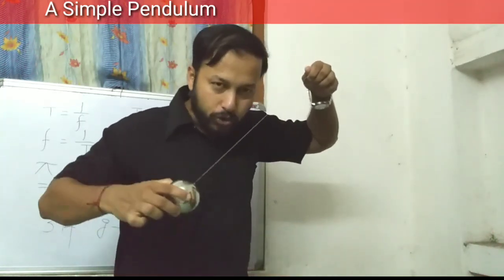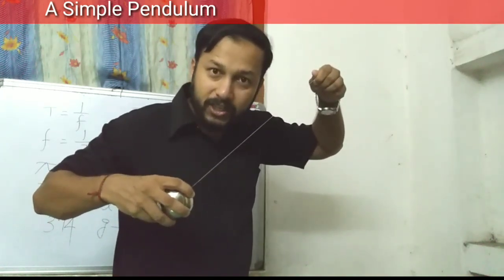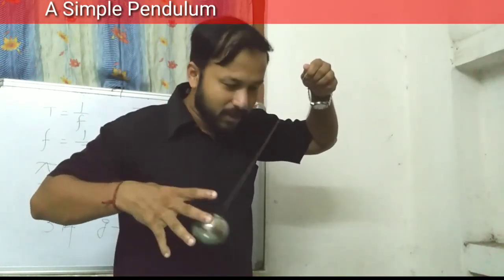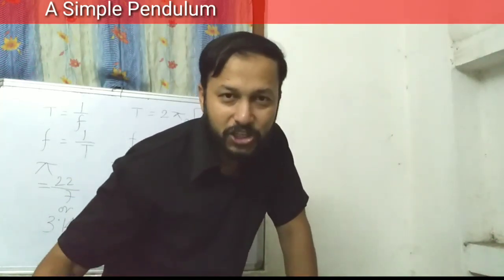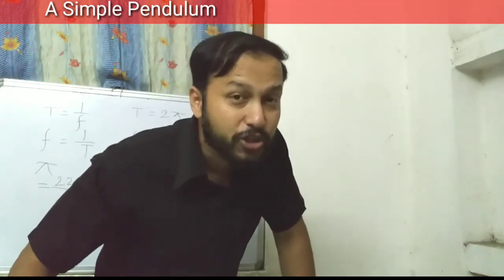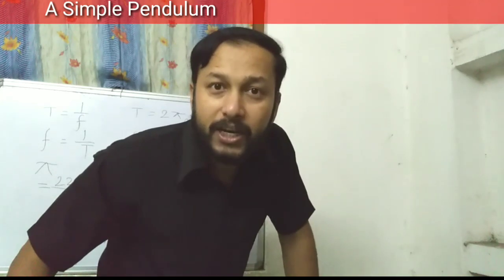Fine. So starting from here, one oscillation. Understood? Another oscillation. Now starting from one point and reaching the same point is called one complete oscillation. Now how much time it has taken to complete one oscillation is called time period.